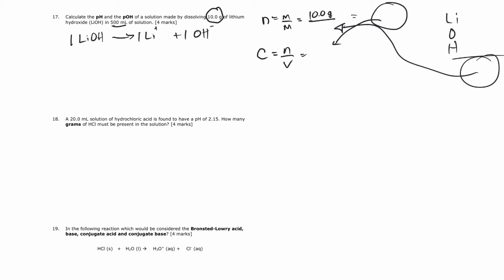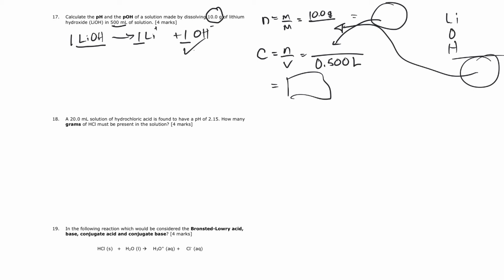This moles comes down here, divided by the volume of 0.500 liters. And that'll give me a concentration. This number here will give me a concentration of lithium hydroxide. But since the ratio is 1 to 1, that'll also be the concentration of hydroxide ions.